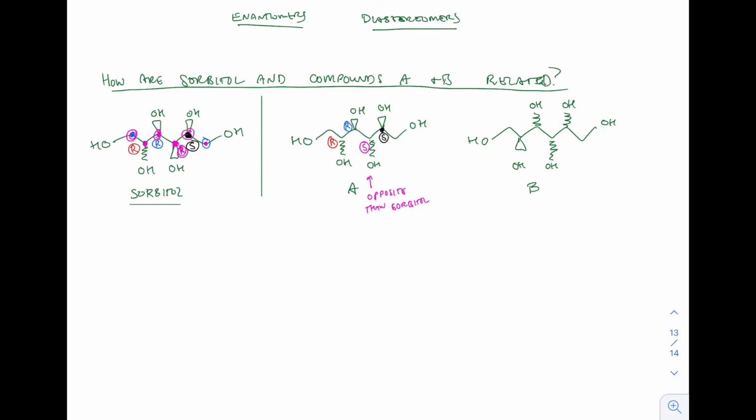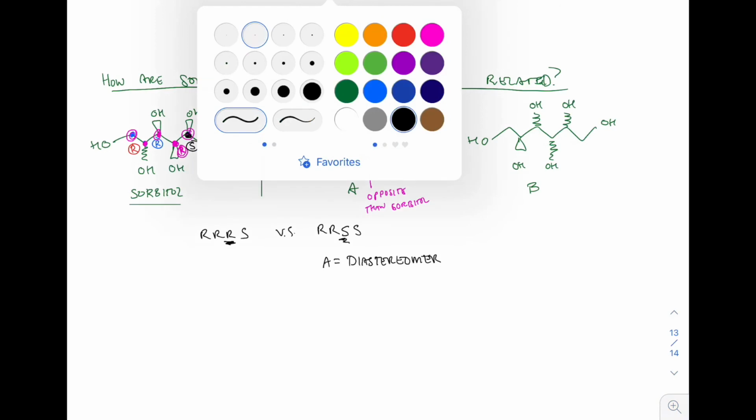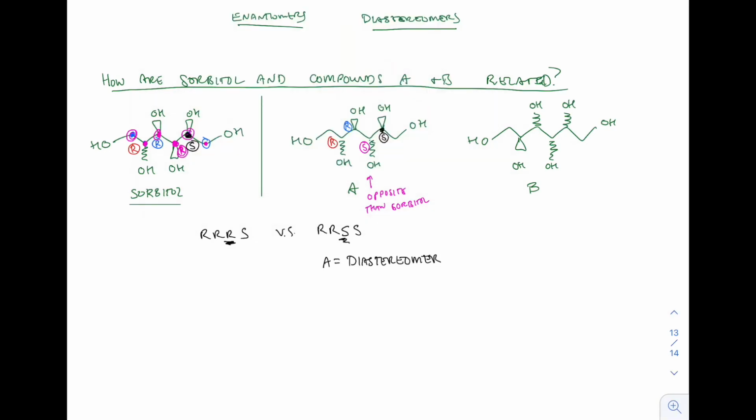And if we kind of write it out, we have an RRSS compared to an RRRS. Okay, so notice the R and the S at this third position are different, okay? But all the others are the same. And so since we differ at at least one, but some must stay the same, that means that A is a diastereomer of sorbitol.